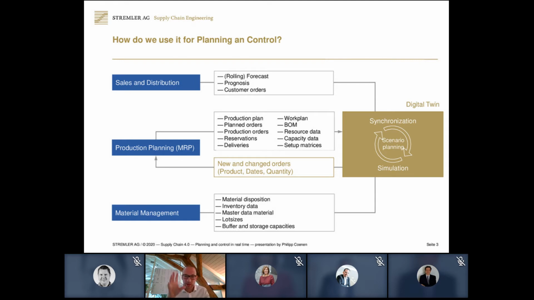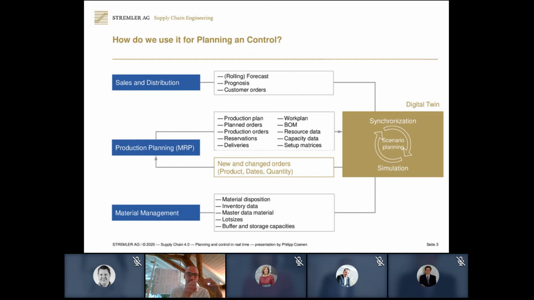These two elements together allow us to ensure realistic scenario planning, and this scenario planning can be done on different levels. It can be done for one specific supply chain step. Imagine you're in a supply chain step doing some assembly work, and you have a shift in the order.